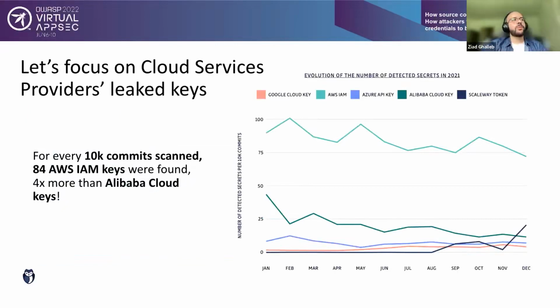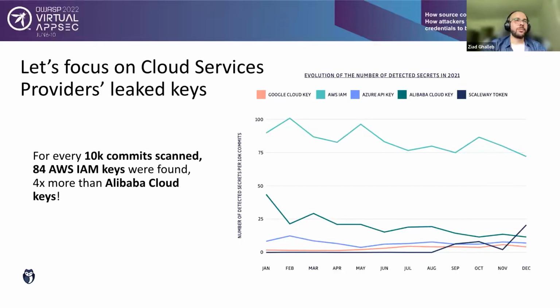If we focus on cloud services providers' leaked keys, we can infer some interesting insights from the data we found. In this graph, we look at the number of detected secrets for these cloud providers in every 10,000 public GitHub commits.